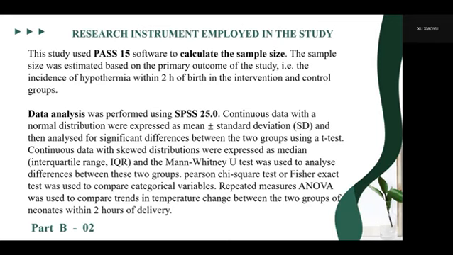Data analysis was performed using SPSS 25.0. Continuous variables with a normal distribution were expressed as means plus or minus standard deviation, and then analyzed for significant differences between the two groups using the t-test.